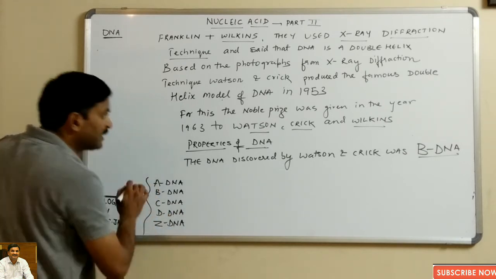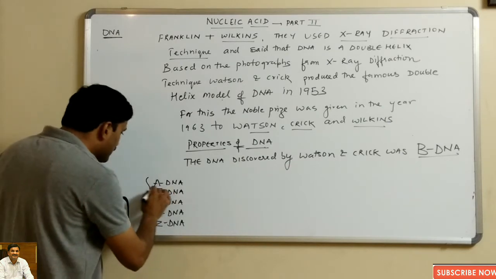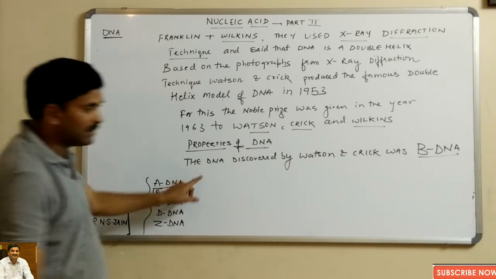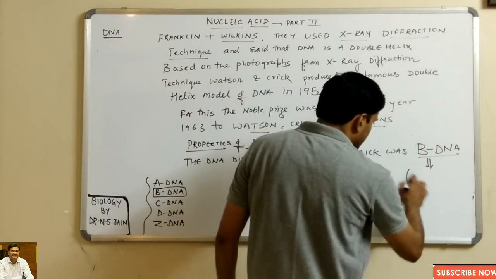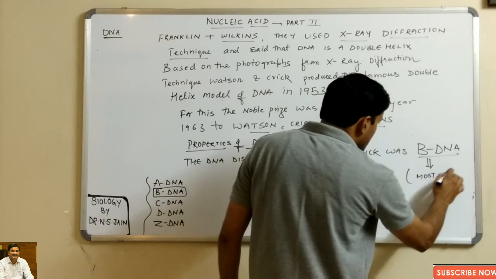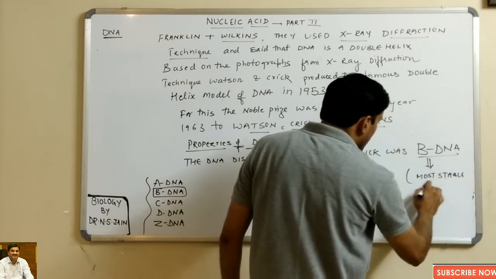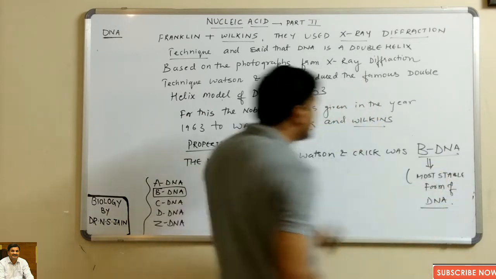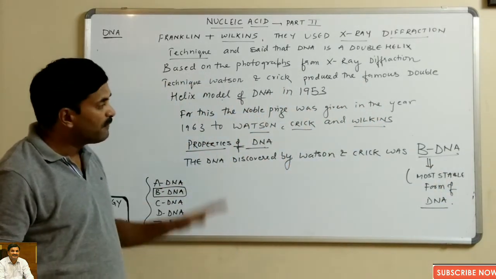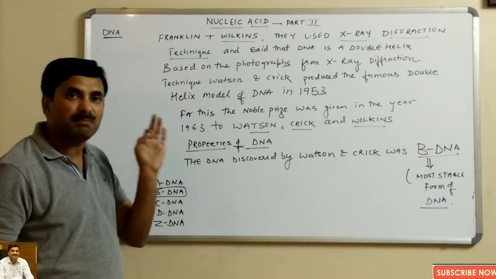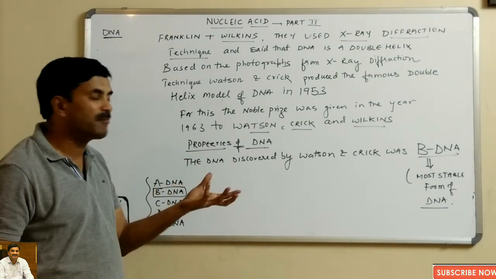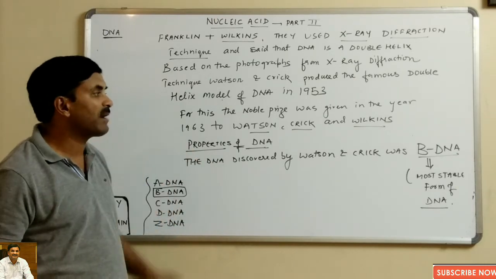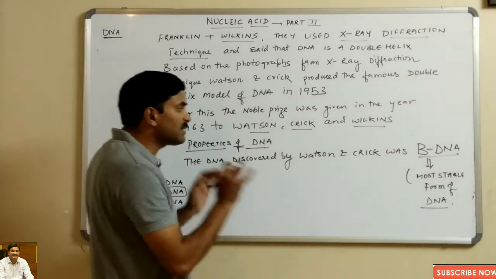But the DNA which was discovered by Watson and Crick was the B-DNA. You must remember that it is the most stable form of DNA. So whatever the discussion we will be doing in this video will be strictly based on the B-DNA.